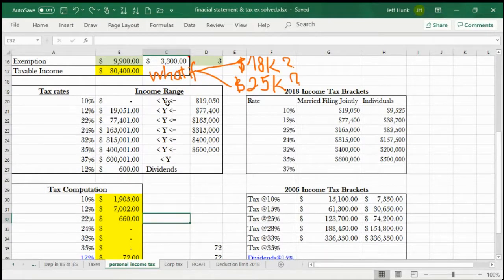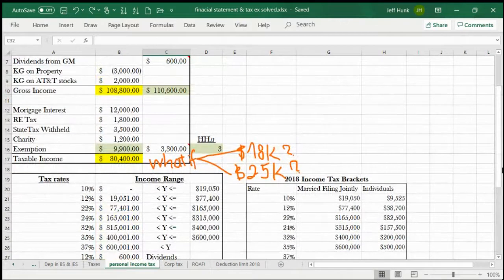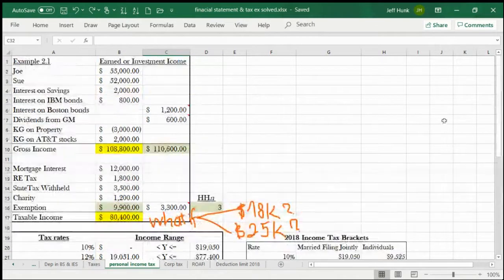So that no matter what your scenario is, no matter what your income is, it can automatically calculate, and you don't have to do the calculation bracket by bracket. You just enter your parameters: your gross income, input data, your savings, these things.